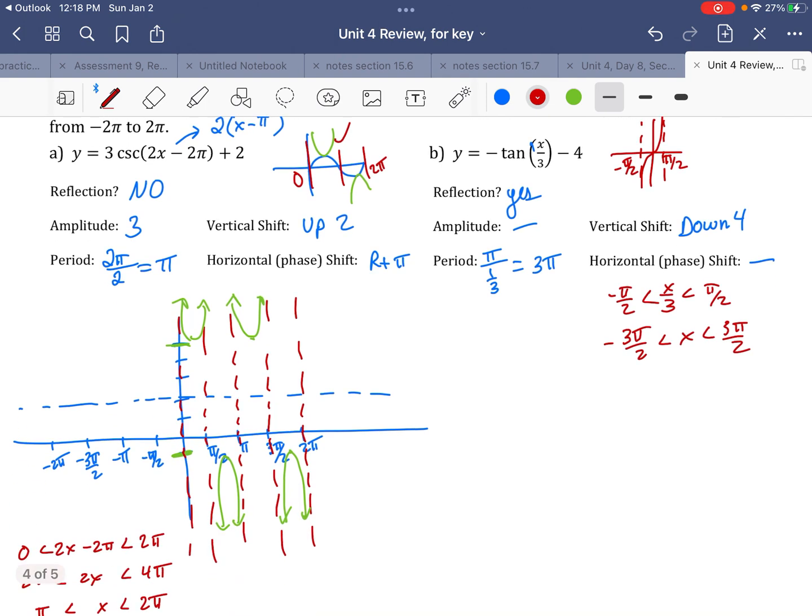When doing my graph, I just have to make sure I go down 3 or 4. So there I am there. And I number pi over 2, pi, 3 pi over 2, 2 pi, and same thing over here.